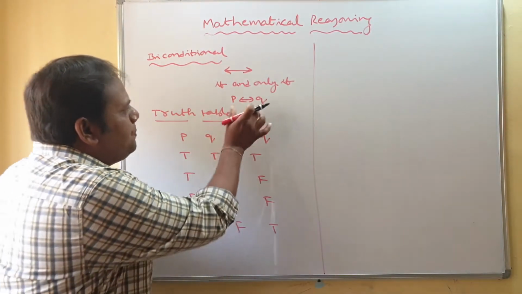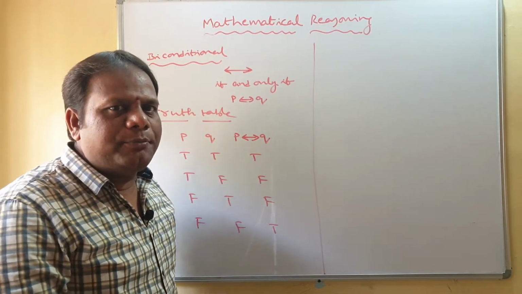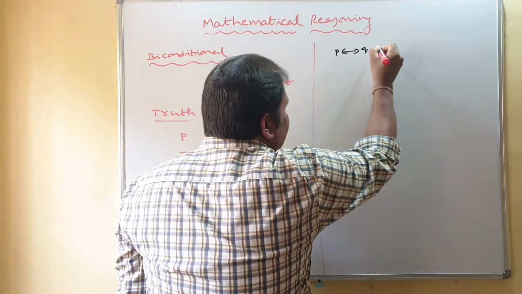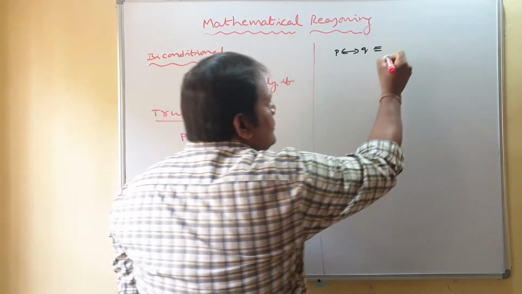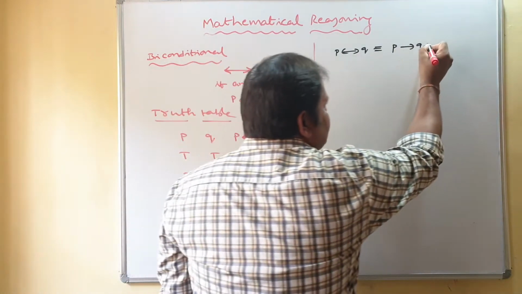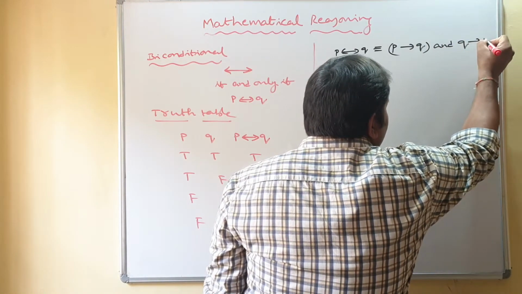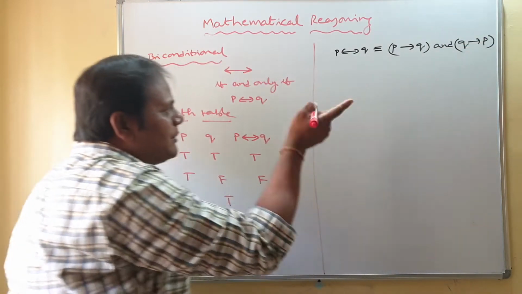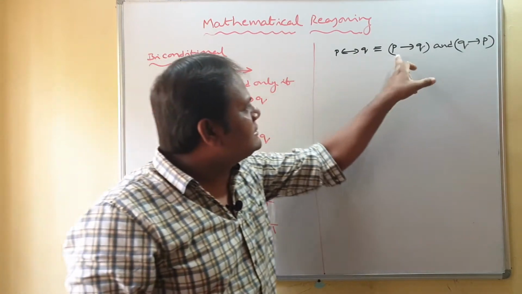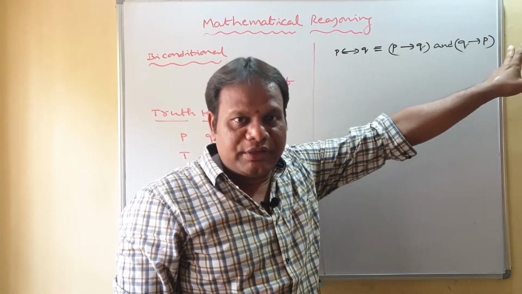So here P if and only if Q means this is equivalent to P implies Q as well as Q implies P. Why? Because both-side arrows are there. So you can treat this as P then Q and Q then P.